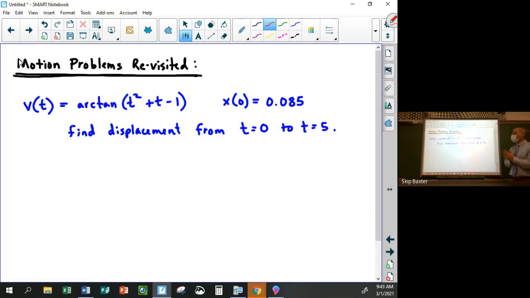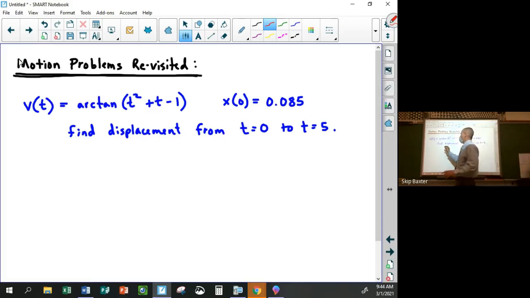So generally, what's the displacement formula? The integral of what? Yeah, I mean, that's it.